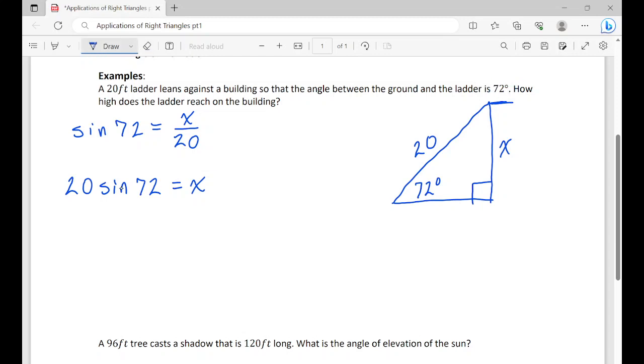We just do 20 times sine of 72, and that gives me 19 feet for x. So how high does the ladder reach on the building? It is 19 feet, because that's the unit of measure from the beginning of the question.